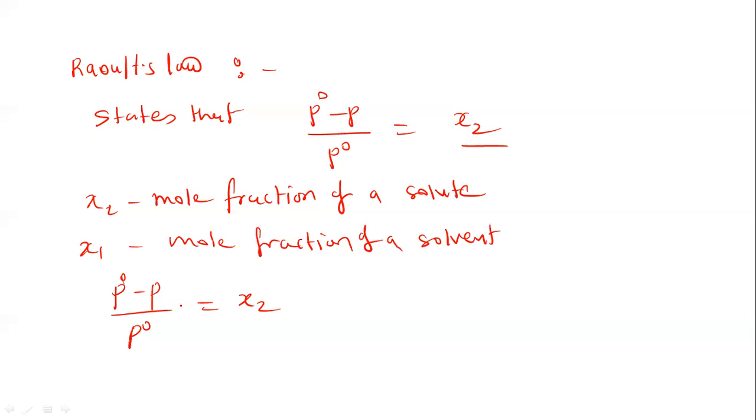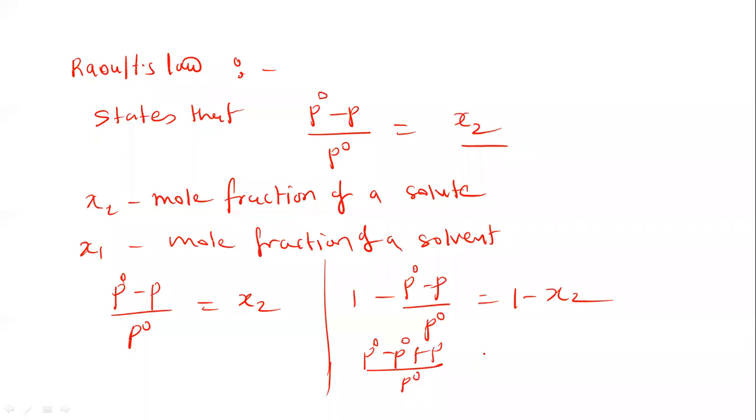Now let us modify this equation by subtracting the left hand side and right hand side from 1. We can write P0 minus P upon P0 equal to 1 minus X2, subtracting from unity. Simplifying, we get P0 minus P0 plus P upon P0 equal to 1 minus X2.